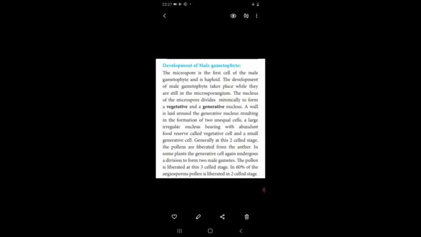Dear students, the microspore having the haploid nucleus undergoes mitotic cell division to form two nuclei. One is the vegetative nucleus, another one is the generative nucleus. A wall separates the generative nucleus and the vegetative nucleus.